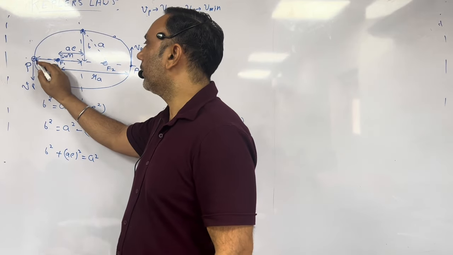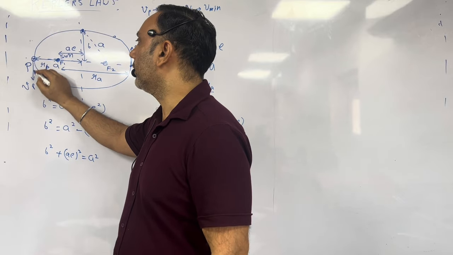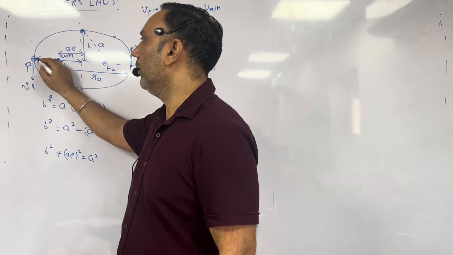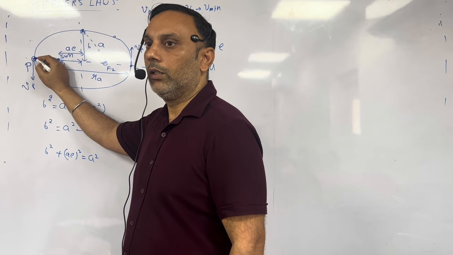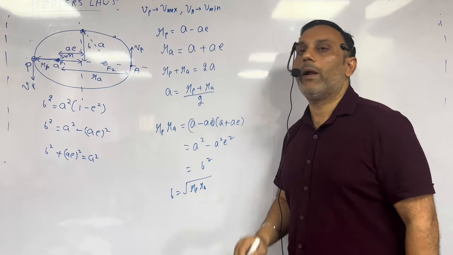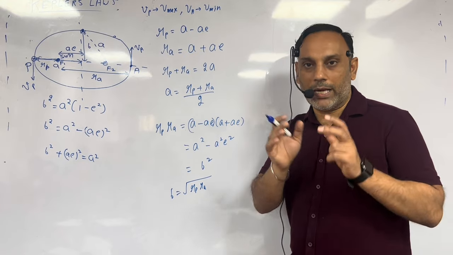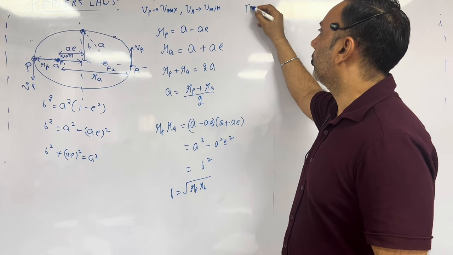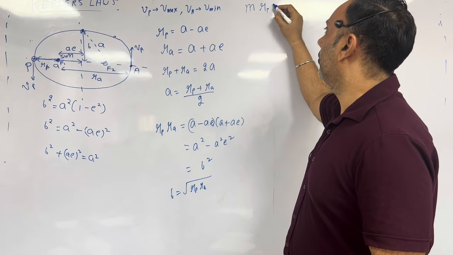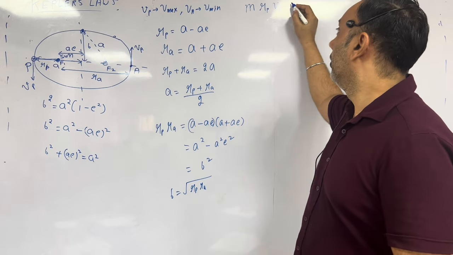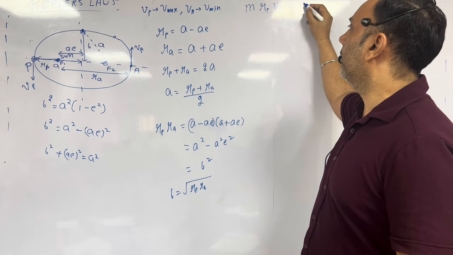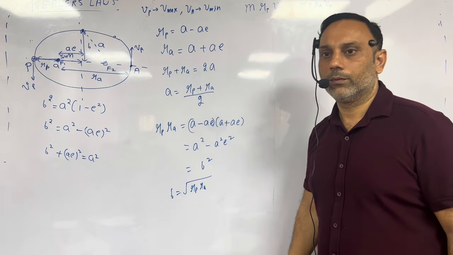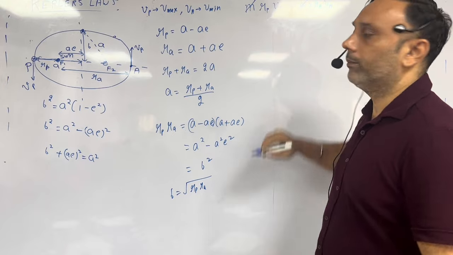Since velocity is perpendicular to the r vector from the Sun, suppose I write the angular momentum of the planet about the Sun: mass of planet into Rp into Vp is equal to mass of planet into Ra into Va, by conservation of angular momentum.